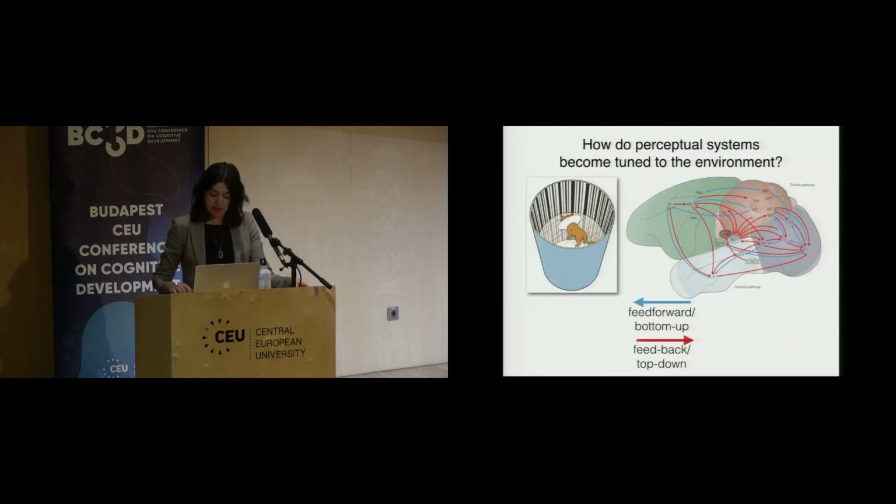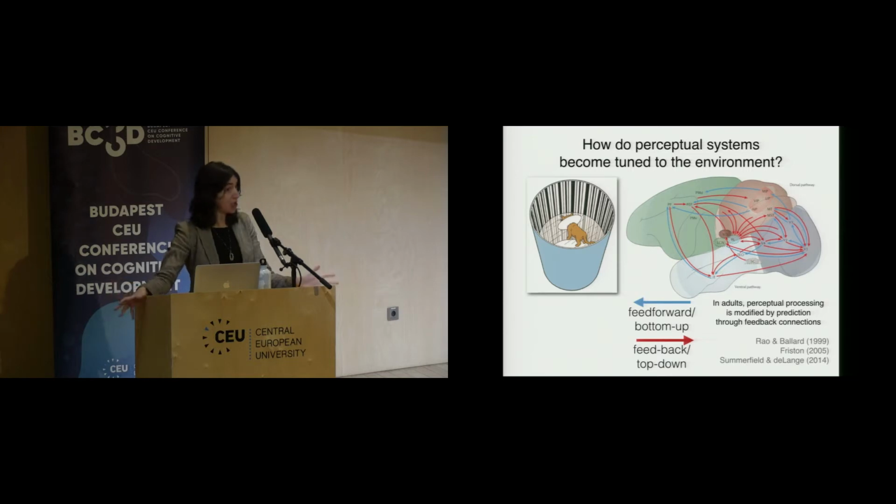But in adults, we know that perceptual processing is modified by prediction through feedback or top-down connections. This is something there's been a great deal of work, particularly in the theory of predictive coding, but not exclusively there, arguing for this. But there's a large question about whether or not this capacity would be available to infants. And that comes by and large from a lot of work looking at the connectivity early in development.